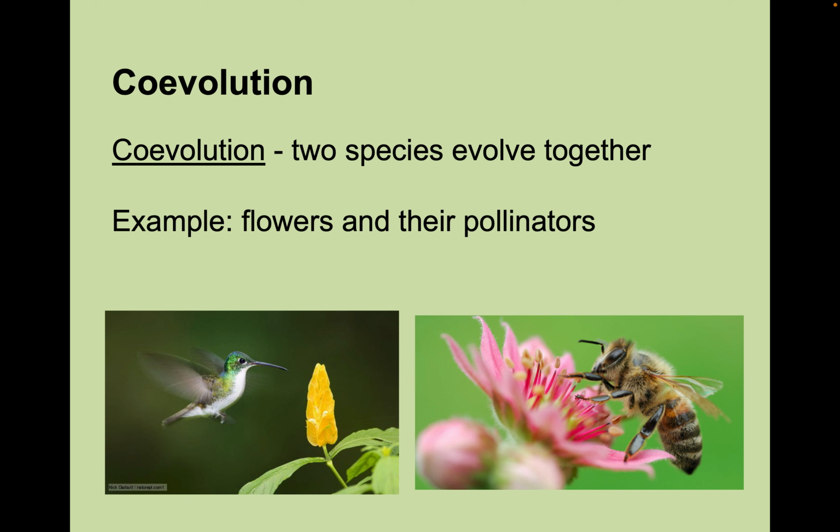Coevolution is when two organisms evolve together. For example, flowers and what pollinates them. So if you watch a bee in the summertime, go watch some bees. They're not very graceful. They kind of just fly on top of a flower and jump all over it, and then move to the next one and jump all over that. As they're doing that, they are getting food from that flower in the nectar.